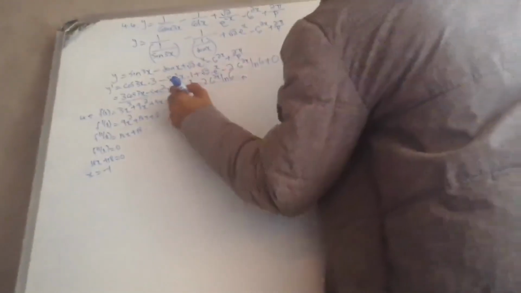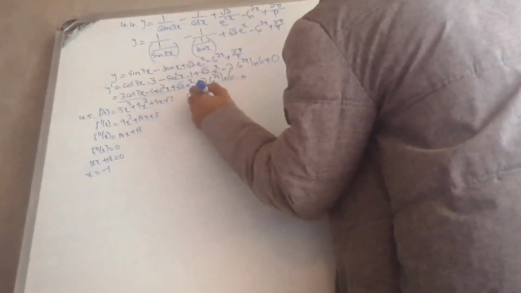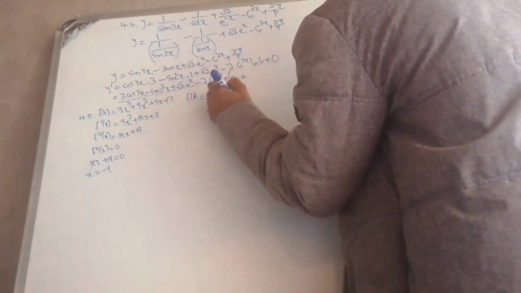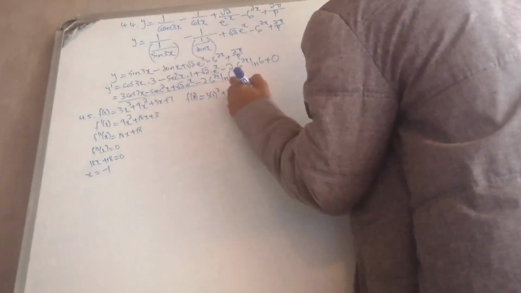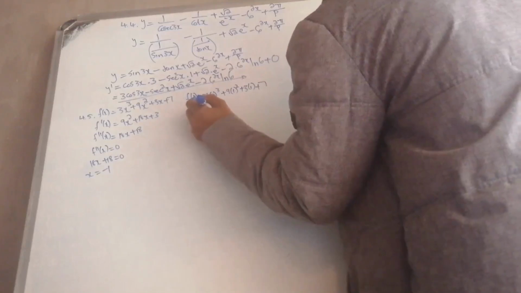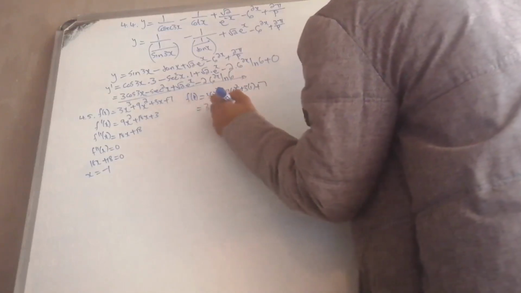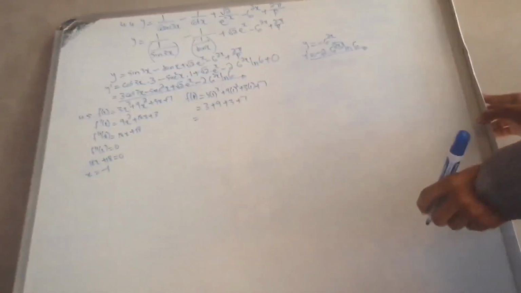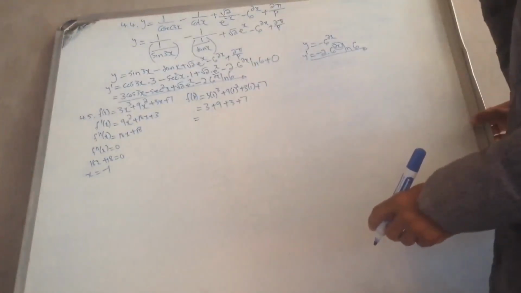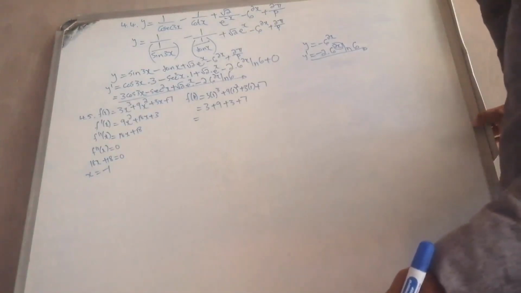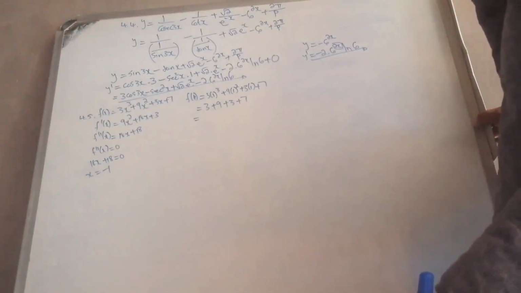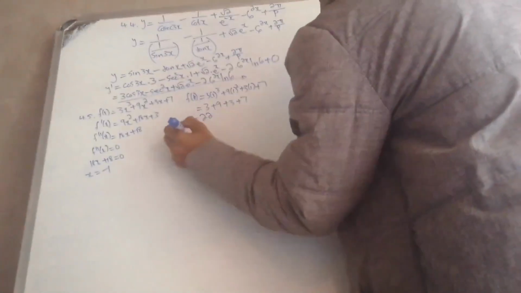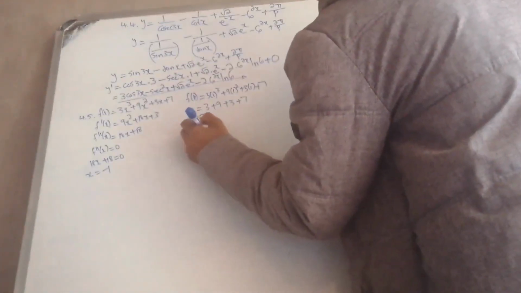And to find the corresponding value, you will say f at 1 equals 3 into 1 cubed plus 9 into 1 squared plus 3 into 1 plus 7. This should be 3 plus 9 plus 3 plus 7. And 3 plus 9, 12. 12 plus 3, that should give you 15. And then 15 plus 7, that should give you 22. So this would be minus 1 and 22 as a point of inflection.